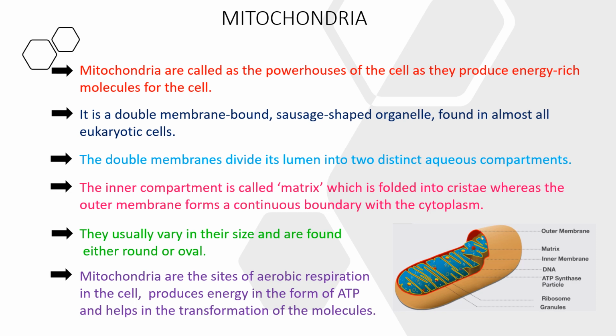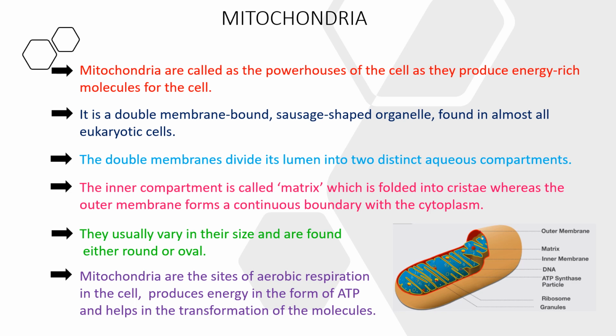Mitochondria. Mitochondria are also called the powerhouses of the cell as they produce energy-rich molecules for the cell. It is a double membrane-bound sausage-shaped organelle found in almost all eukaryotic cells.